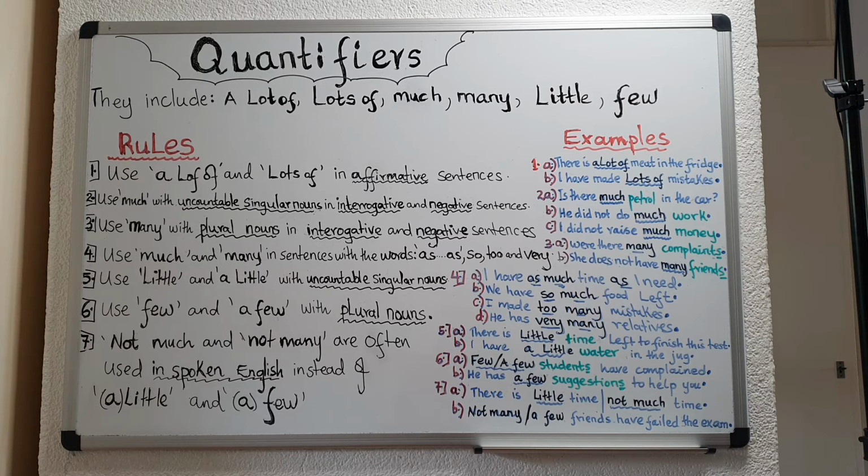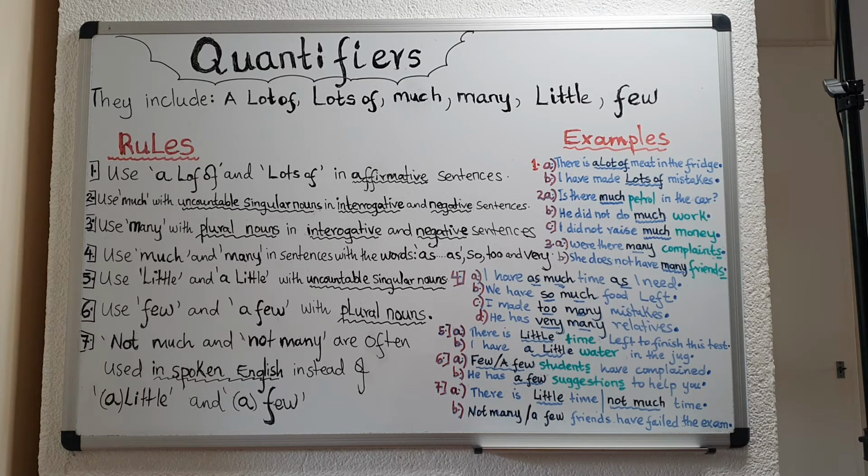Now, he did not do much work. In that sentence, it's not only a negative sentence, but also you have an uncountable noun, and that is work. In the plural or in the singular, work remains the same. Okay? It is an uncountable noun. And that's why we have the quantifier much.